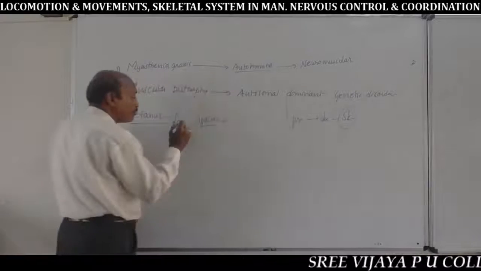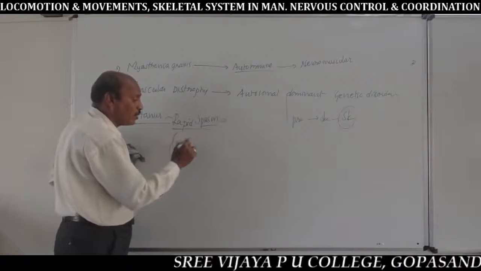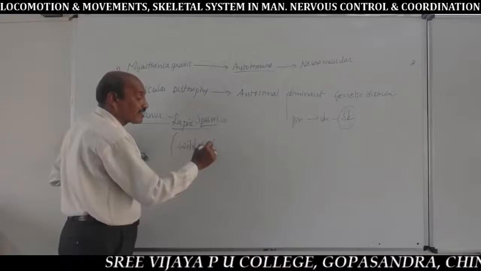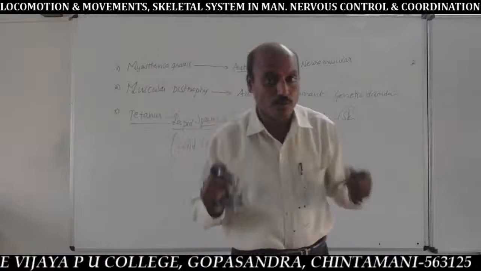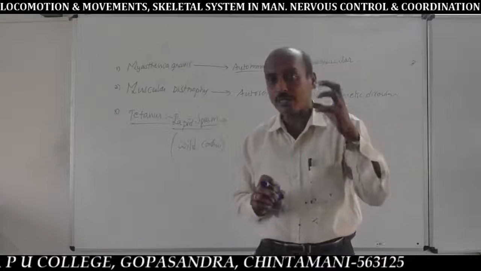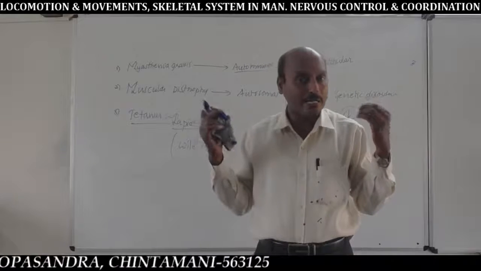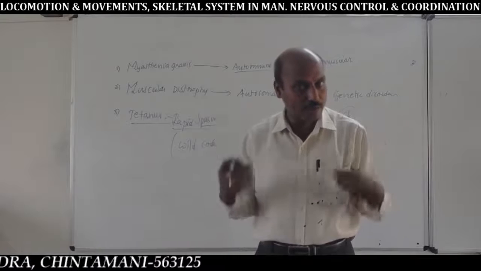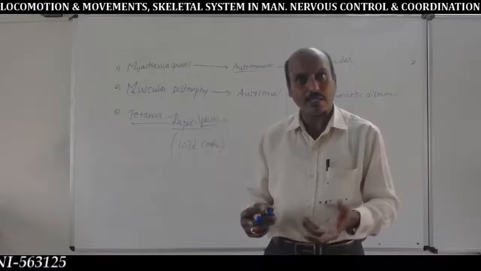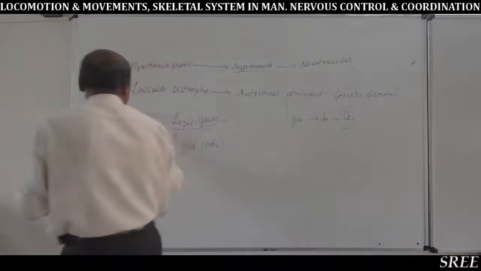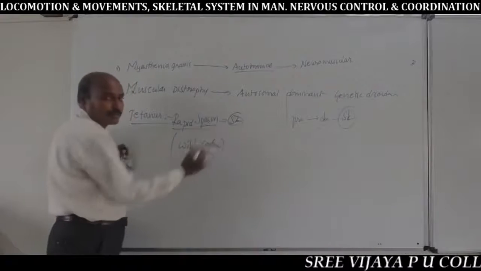Rapid spasm of muscles, nothing but wild, continuous contraction of skeletal muscles due to, very important, low calcium ions in the body fluids. If the calcium ions become deficient in our body, it causes the tetanus muscular disorder because of wild contraction or rapid spasm of skeletal muscles.